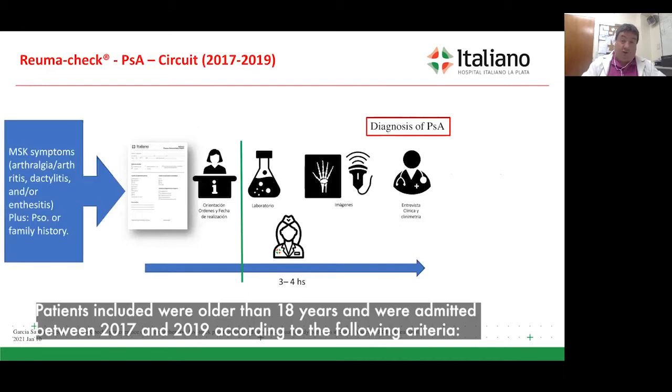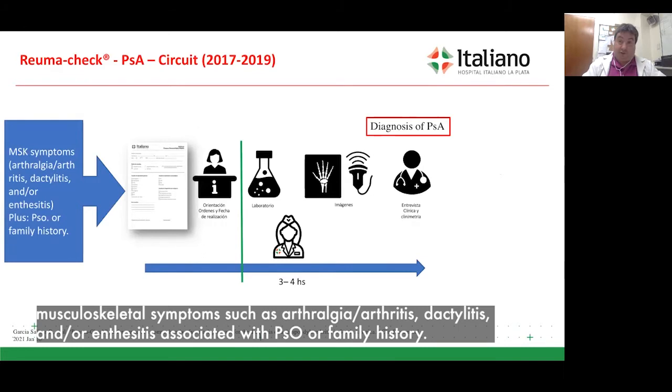Patients included were older than 18 years old and were admitted according to the following criteria: musculoskeletal symptoms such as arthralgia, arthritis, dactylitis, and or enthesitis associated with a PCO or family history.